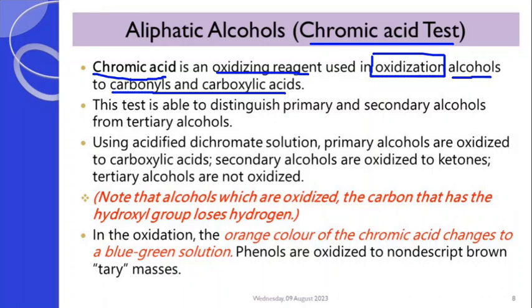This test is very important as it is able to distinguish, separate, or help you identify primary and secondary alcohols from tertiary alcohols.